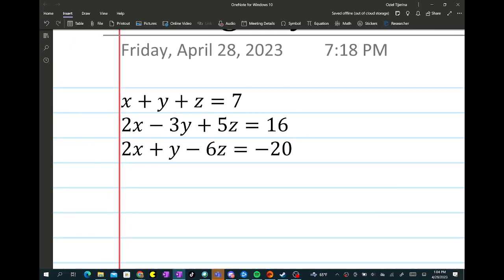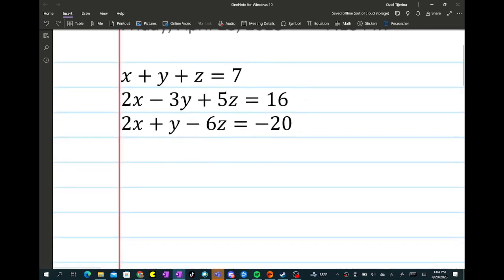We're going to do a system of equations, and this is the problem that we have. According to the textbook that I have here, we want to use Gauss-Jordan elimination, or I'm sorry, Gaussian elimination.